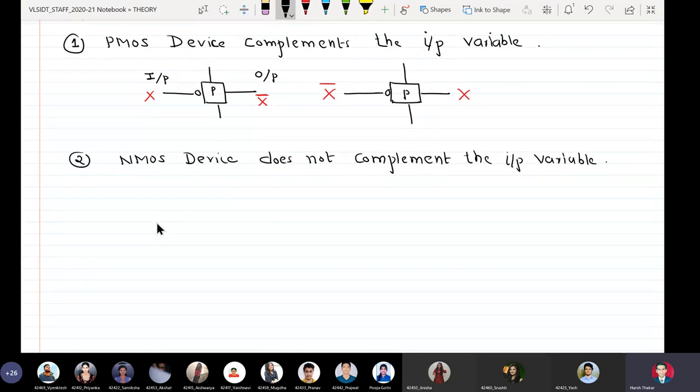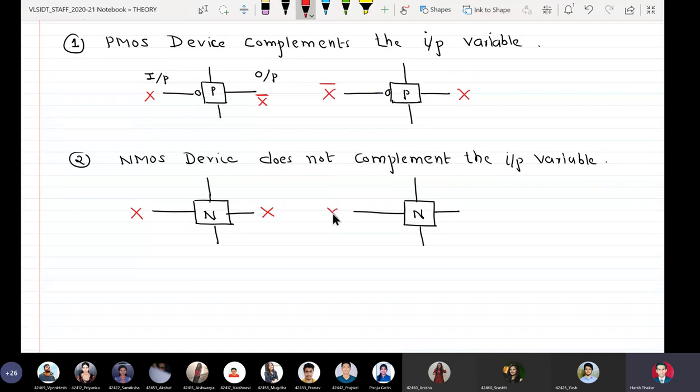Okay, that means if I have an NMOS device, if I apply X here, I will obtain an X at the output. Similarly, for the other device, if I apply X bar, I will obtain an X bar at the output.